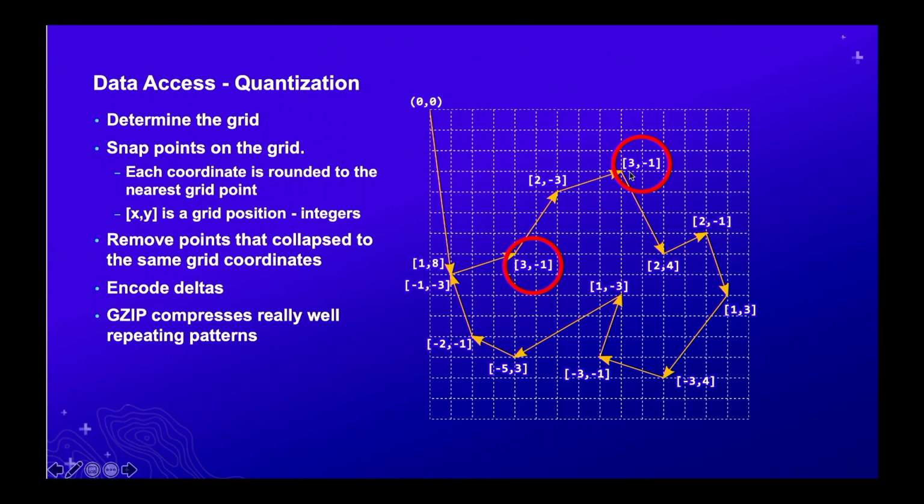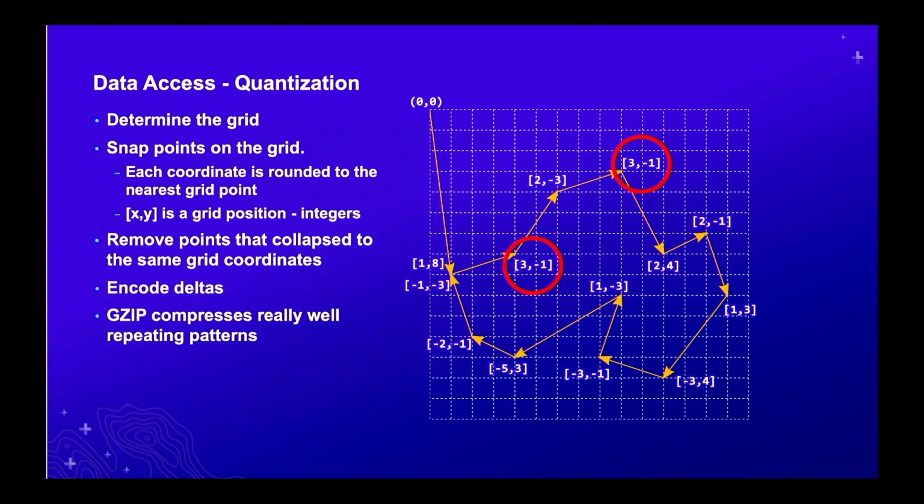And this is where GZip compression is much more efficient, because a lot of geometries now will be encoded with the same delta. Like I move 1 in x, 1 in y, or minus 1 in x, minus 1 in y, and so on.